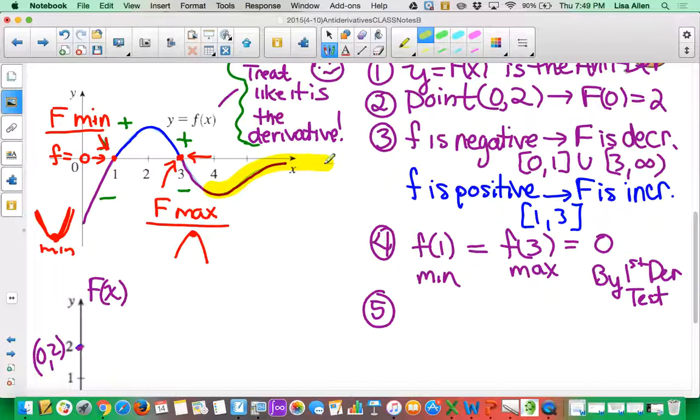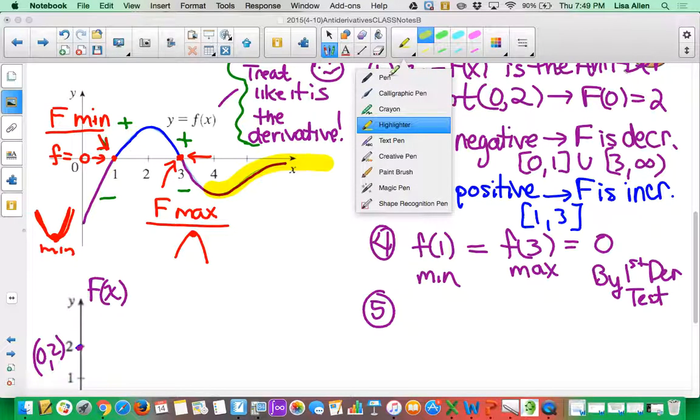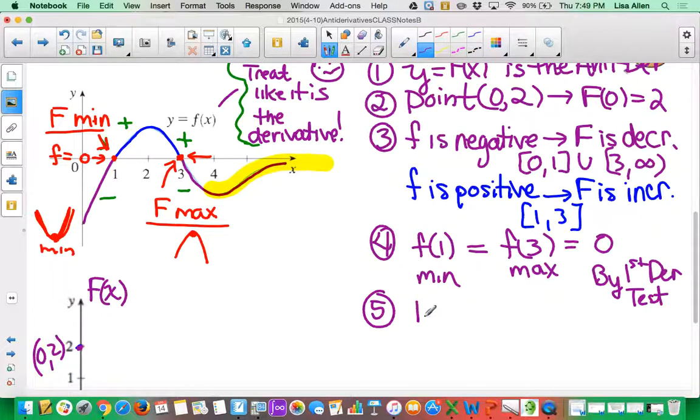It looks like there might be a horizontal asymptote. I would guess that capital F would get flatter. F has a horizontal asymptote.